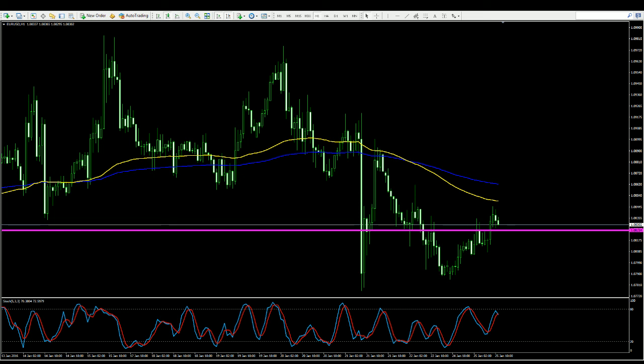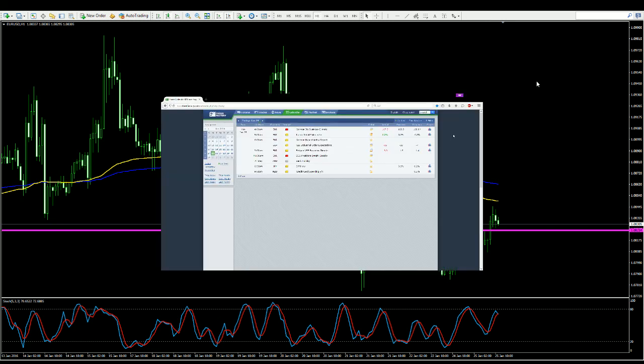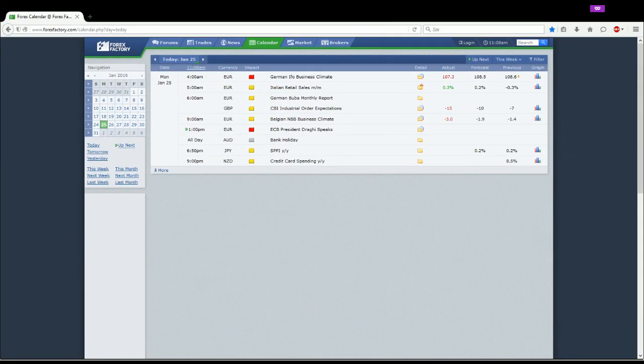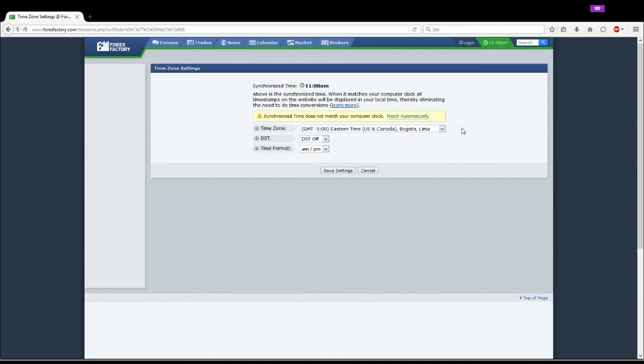So let's take a look at my source of news. Hope you can see it. This is Forex Factory. I always go here to check the news. The first thing you want to do is set your clock.